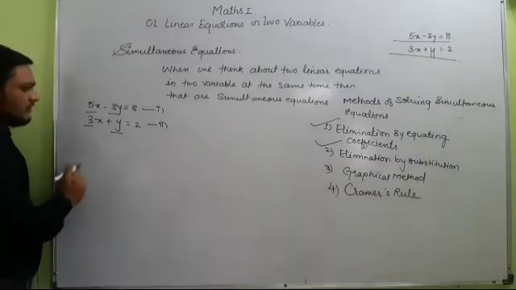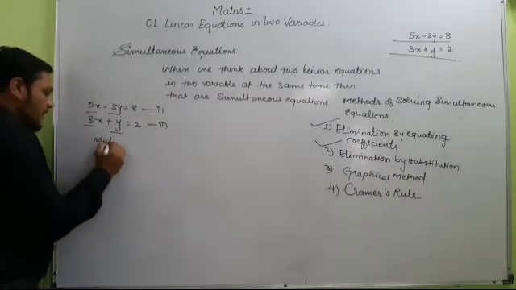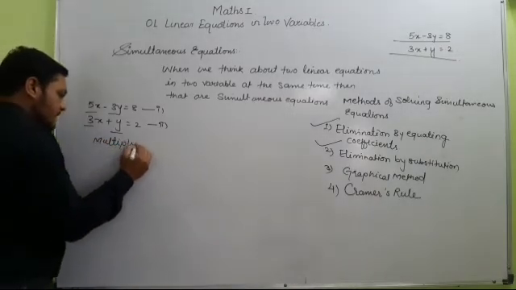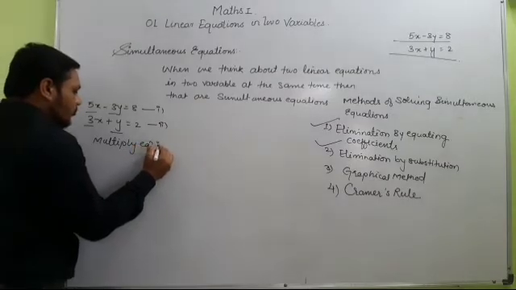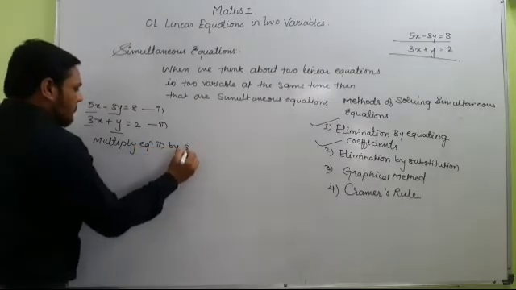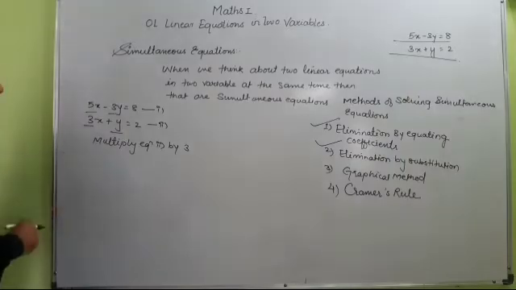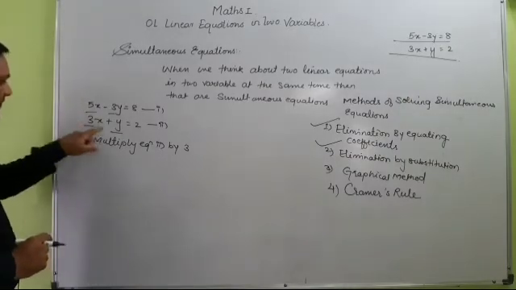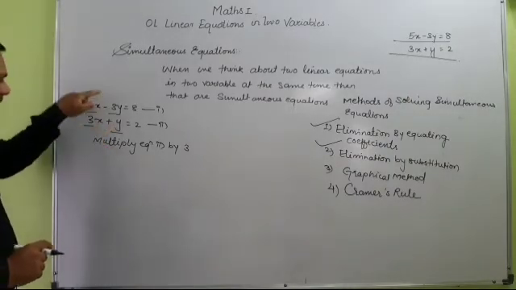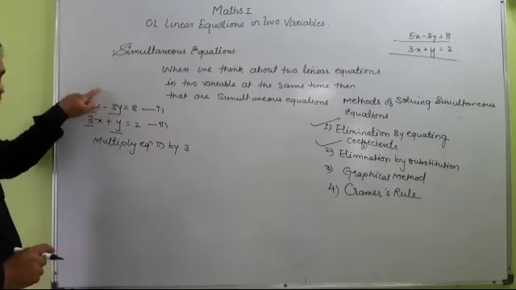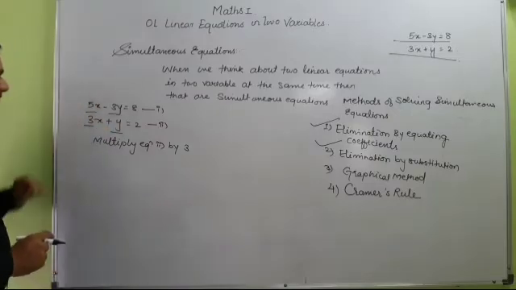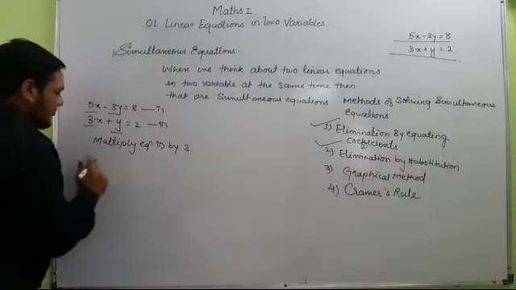So students, for solving this equation we will multiply equation 2 by 3. Means if we multiply the second equation by 3, then this y will become 3y, and with positive 3y, negative 3y is eliminated, and we can find the value of x.